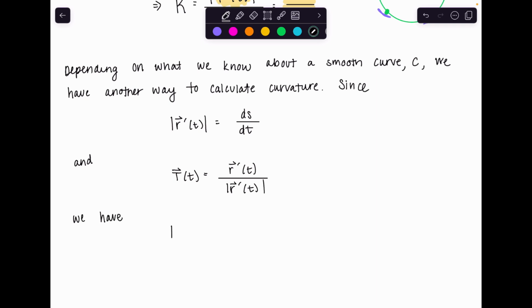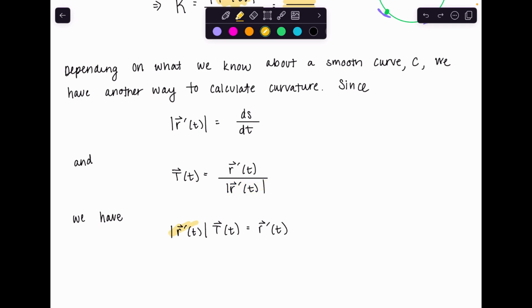If I take the magnitude of r prime of t times the unit tangent vector, it's exactly r prime. Okay, so that just comes from multiplying this to the other side.